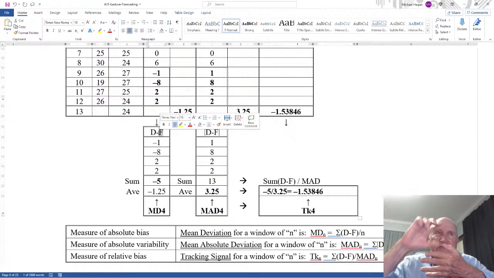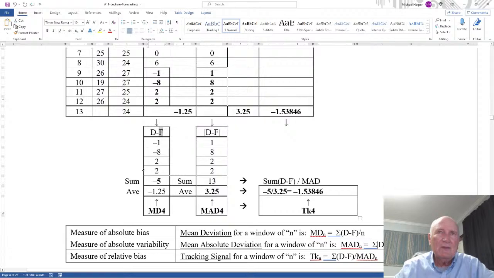That difference, again, is bias. My forecast is slightly above, so my demand is coming in below my forecasts. So I have a negative bias. So the question is, is that bad? Is that good? What is that? Well, there are different ways of looking at this.